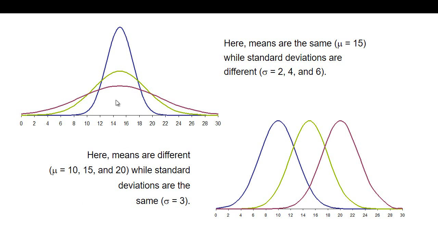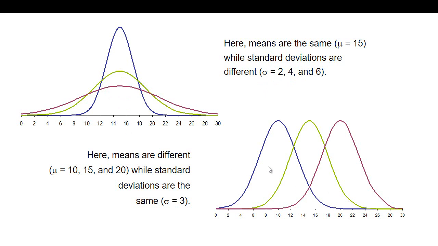So in the first figure, we have fixed the mean, and then we have drawn the Gaussian distribution for sigma equal to 2, 4, and 6. You can see the bigger the sigma is, the wider the curve is. If you increase sigma, you are decreasing the height, and you're making the curve wider.